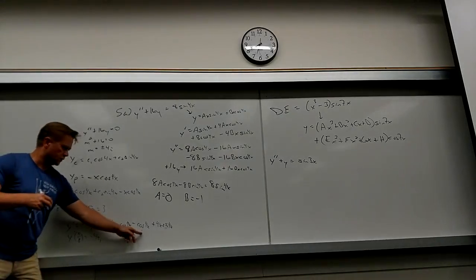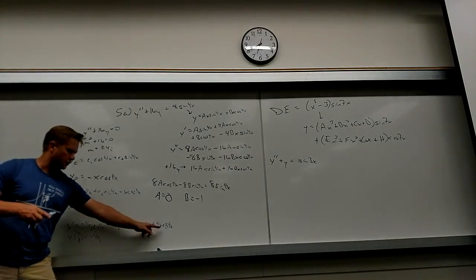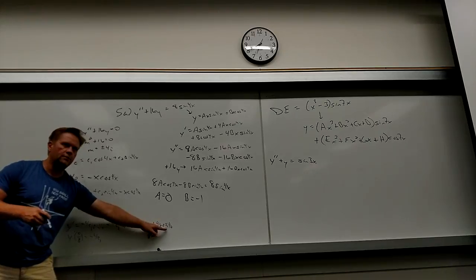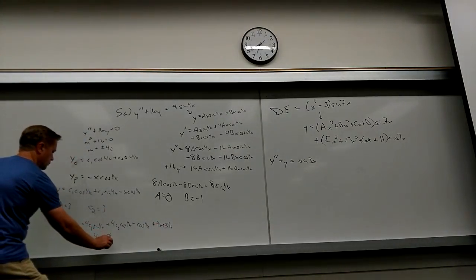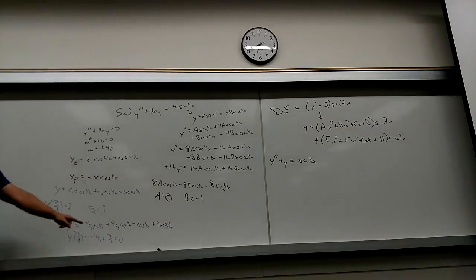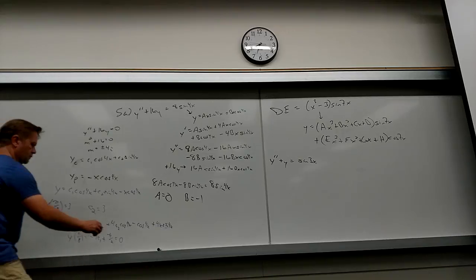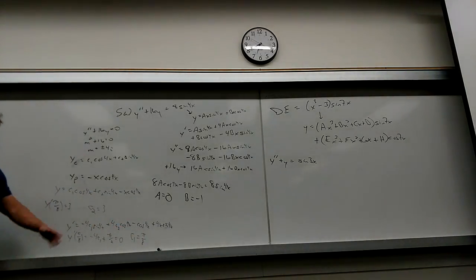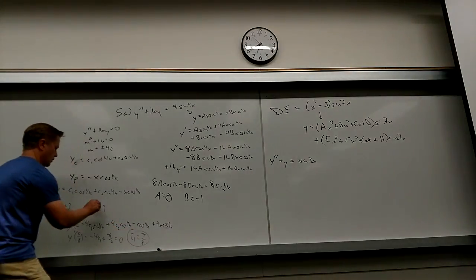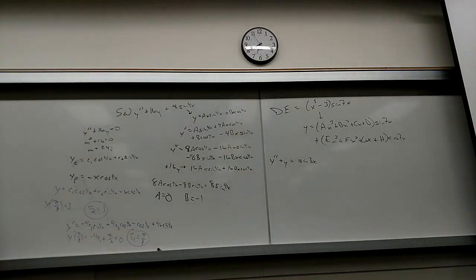Cosine of pi over 2 is still 0. And then you get 4 times pi over 2 times sine of pi over 2. So you get pi over 2. And that's supposed to equal 0. So you get C1 equals pi over 8. That's crazy. And I just have to throw those back in, and that'll be your answer for the IVP.